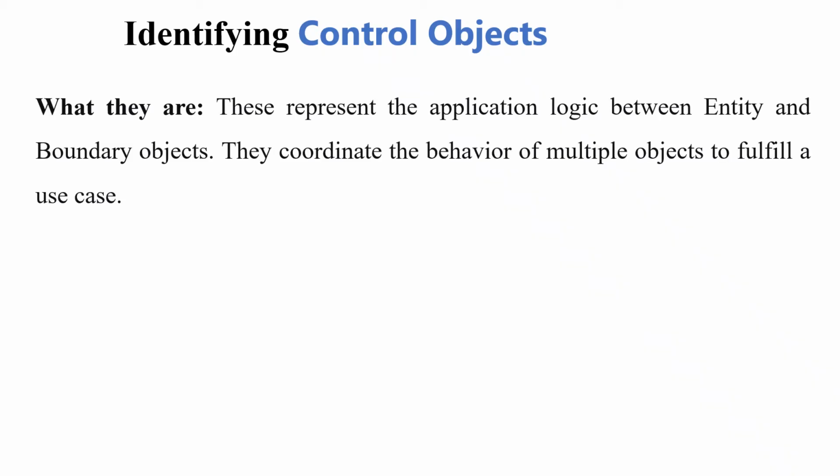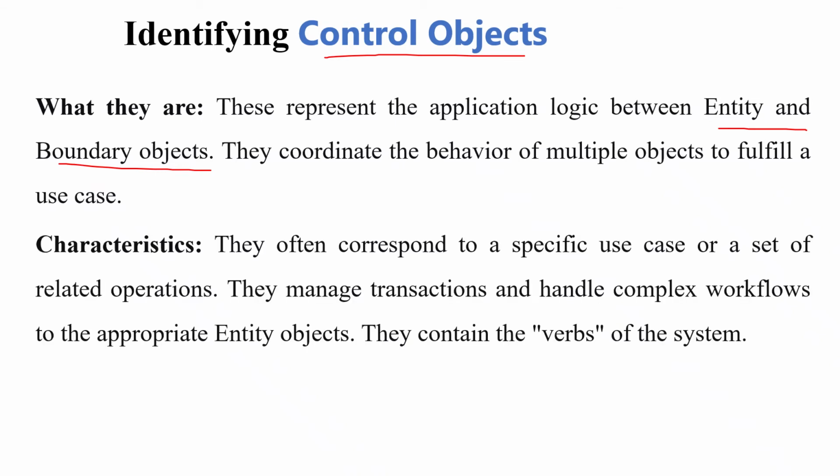So what are the rules to follow for identification of the control objects? They should represent the application logic between the entity and the boundary objects. The connectivity between the entity and the boundary is nothing but the control objects. They must coordinate the behavior of multiple objects to fulfill a use case.